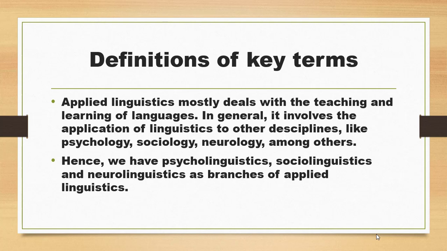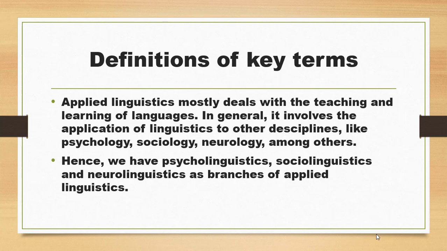There are two traditions with regard to definitions of key terms. We have the British tradition that relates applied linguistics to teaching and learning of languages, and the American tradition that relates applied linguistics to broader issues like the ones described here.